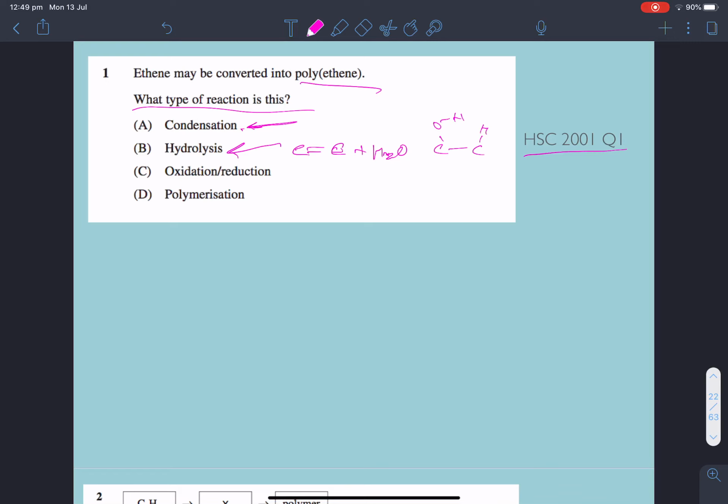So it's not an oxidation, it's a polymerization. Nice first question to get you into your exam: something making into poly-something? That must be polymerization. Okay.